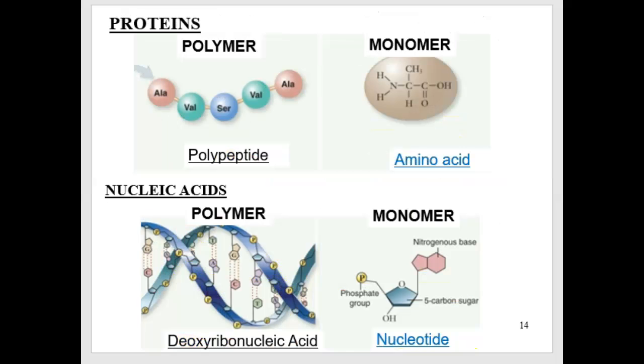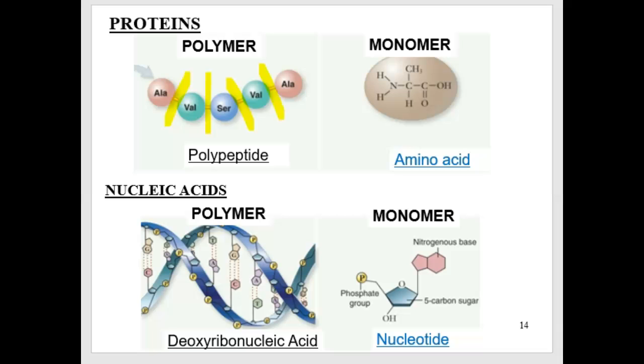Okay, then the third group, proteins. Again, we have a chain of monomers linked together to form a polymer. Sometimes proteins are called polypeptides, poly meaning many, and peptide because the bond between amino acids is called a peptide bond.